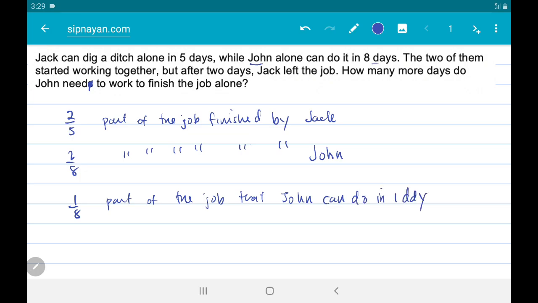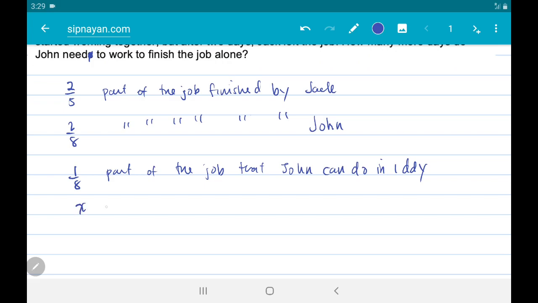Pero ang hindi natin alam kung ilang days, the number of days na John will work to finish the job. Or kung past tense man yan, ay number of days John worked to finish the job. So, it doesn't matter naman kung ano.